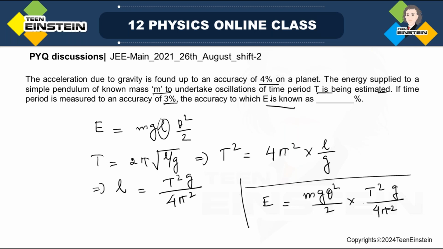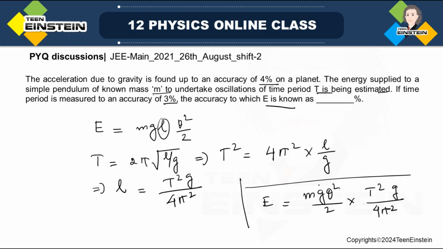Now see, there is no information about the accuracy in theta, only the accuracy in G and accuracy in T is given. So all other things I'll take as constant in this case. Okay. All right.